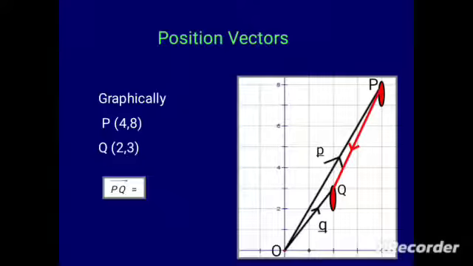So PQ will be Q minus P, and you can substitute, because now we have what represents Q and what represents P. So the answer will be (-2, -5). I think we did this before.